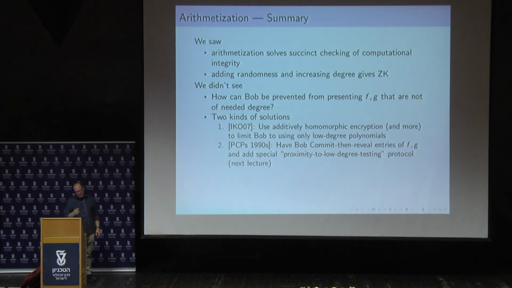And the second method is to use things like PCPs, probabilistically checkable proofs, that go back to the 90s, and a commit-reveal scheme, where you use extra algebra in order to tell Bob, you know what, you can write whatever you want under F and under G. But you're also going to give me some extra information on top of that. And these things are proofs. And you're going to commit to all of this.